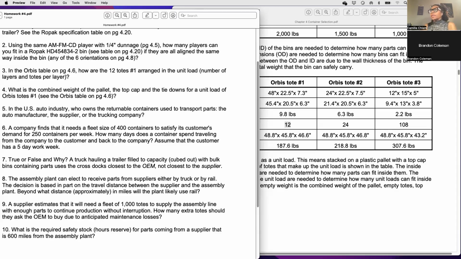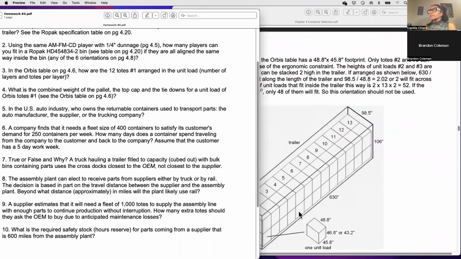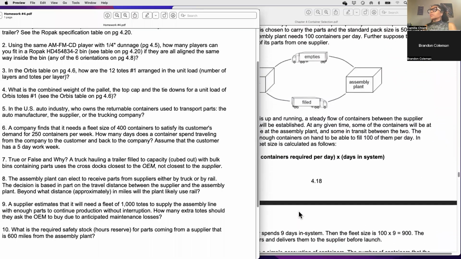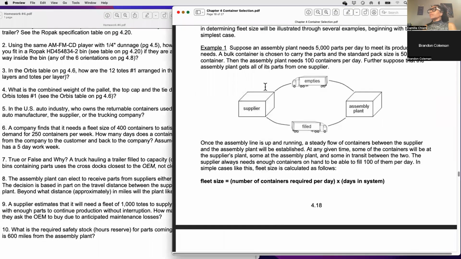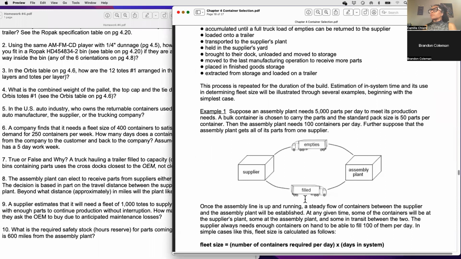So I would say that we haven't gone to that yet, but that's going to be further in, and you're really just talking about your loop. So this is an example of your loop. You've got the supplier, the filled bins or totes.